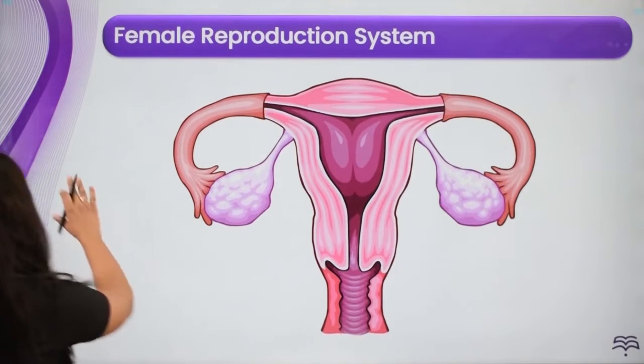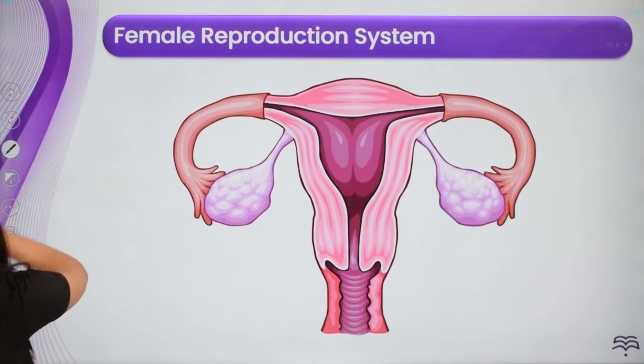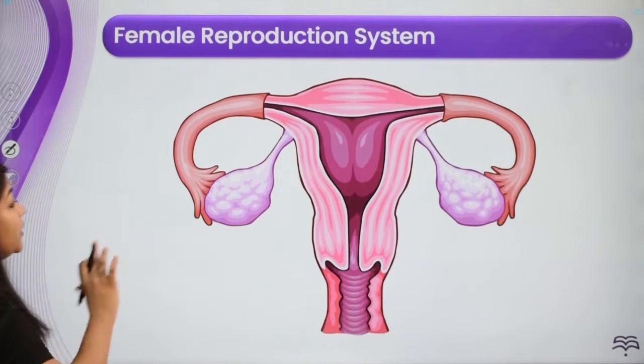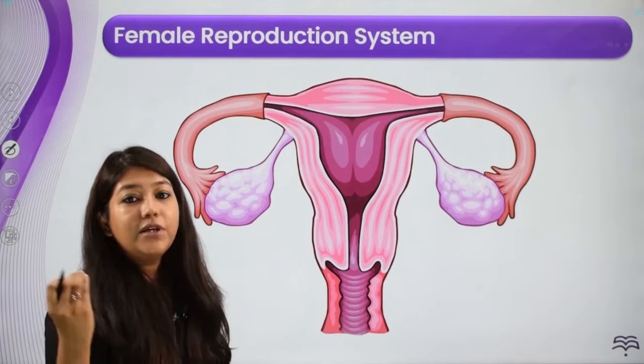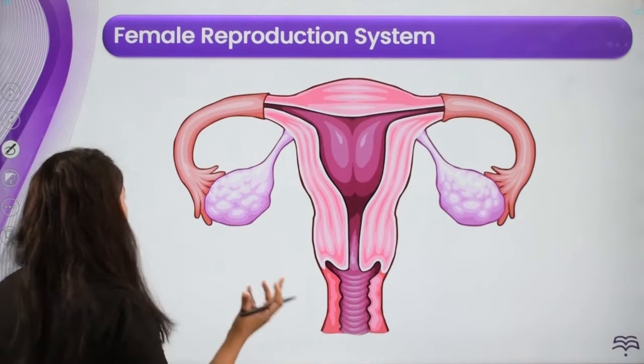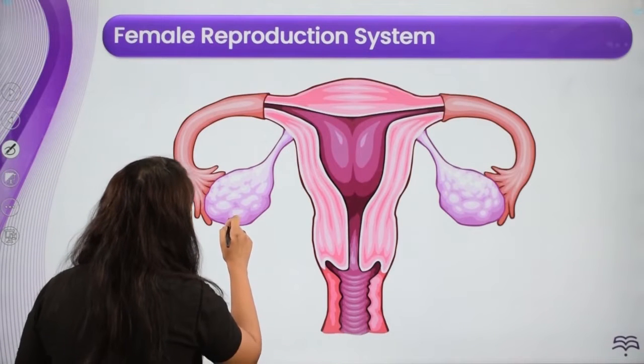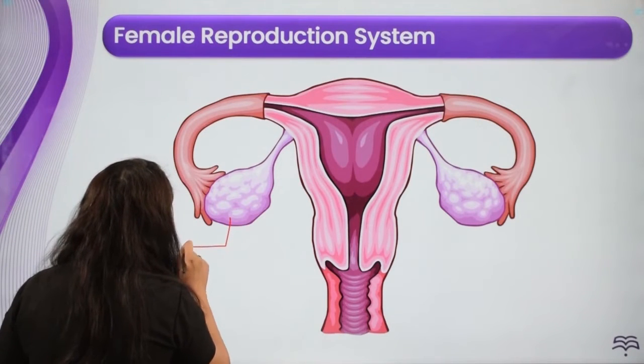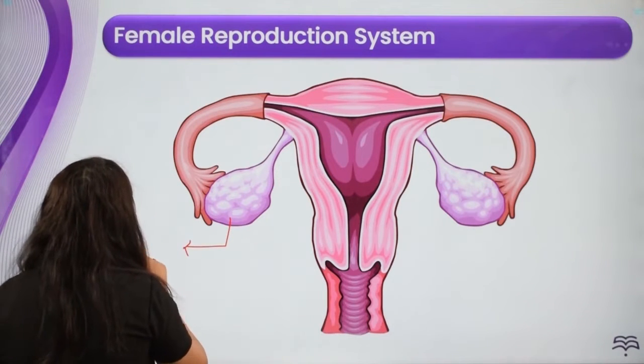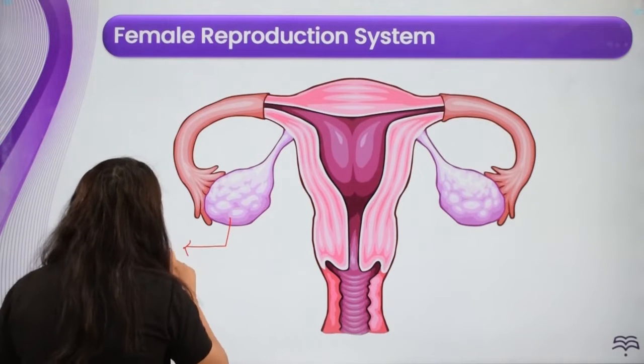Now see here, this is in front of you, a very beautiful female reproductive system. If we are going to label the important parts, what are they going to be? The first one, which you can clearly see, is the ovary.